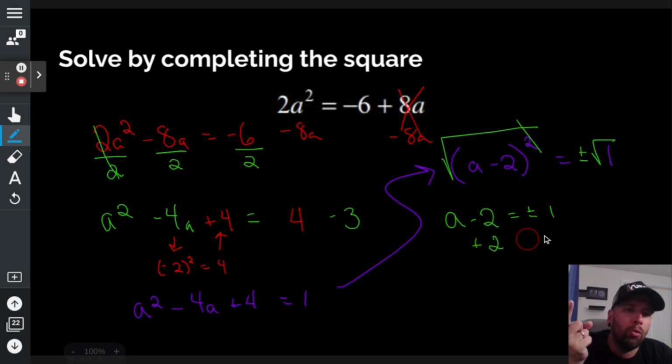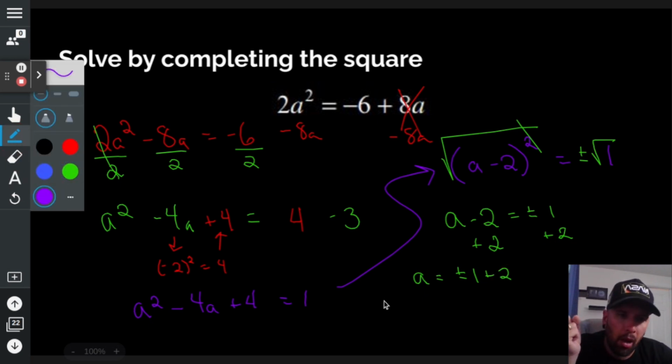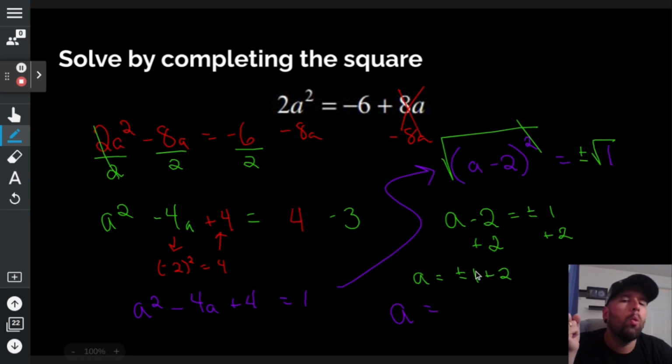I add 2, and now a equals positive or negative 1 plus 2. You split this up into two problems, okay? Where you have positive 1 plus 2, 3, and negative 1 plus 2, 1, and those are my two answers.